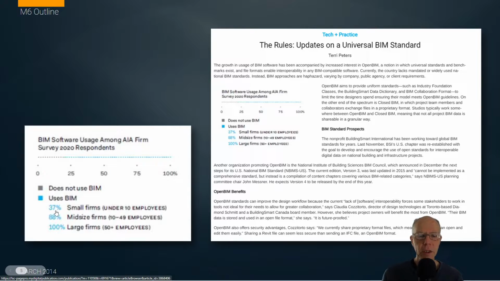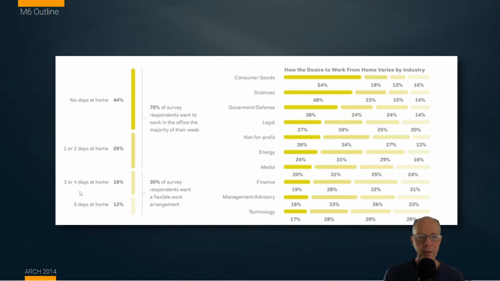But only 37% of small firms under 10 employees use it. And that's not a static number. I think every year you'll see this number creeping up. But currently it would be possible that you would work for a small firm and you'd be coming in as the expert on how to use building information modeling. Just a little tidbit of a fact.